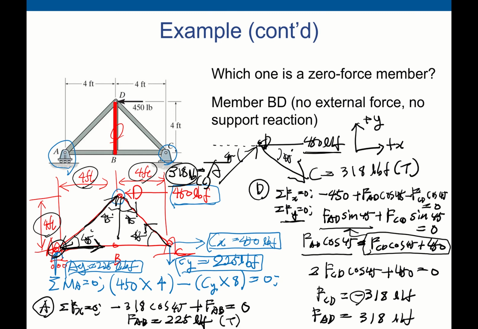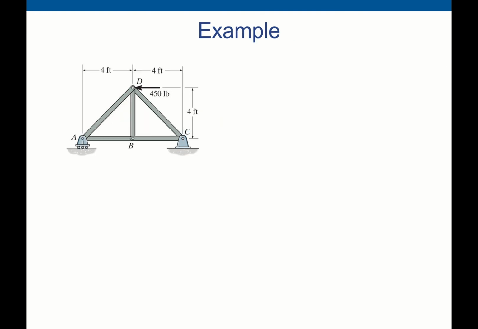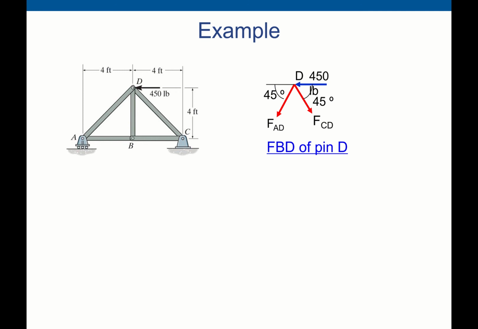This is the pulling force from joint A, so this one is tension. So this is compression, this is tension, this is tension. The same amount. So you can find the answer on the next page.